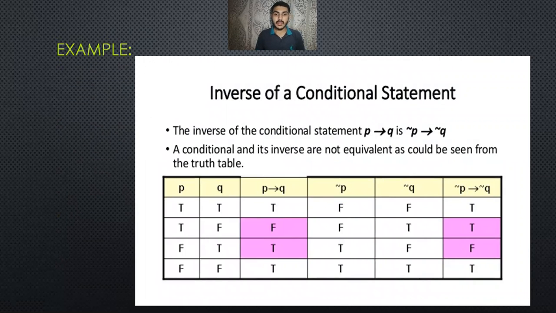Here is an example of the inverse of a conditional statement. The inverse of the conditional statement P implies Q is negation P implies negation Q. A conditional and its inverse are not equivalent, as could be seen from the truth table.